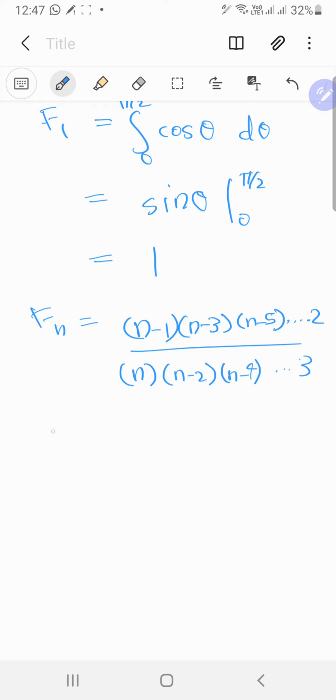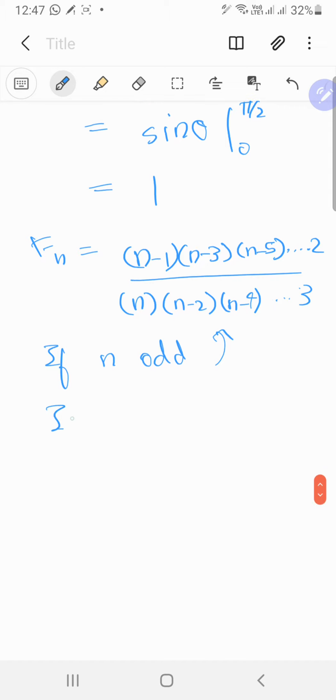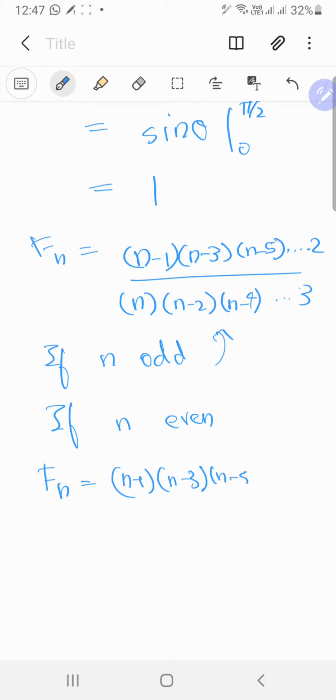So this thing into f1 is just 1. So whenever n is odd, you're going to get this thing as the value of f of n, and if n is even, then f of n is going to be n minus 1 into n minus 3, n minus 5 and so on. And n is even, so these numbers will be odd. Yeah, that makes sense. So it will eventually stop at 1, correct?